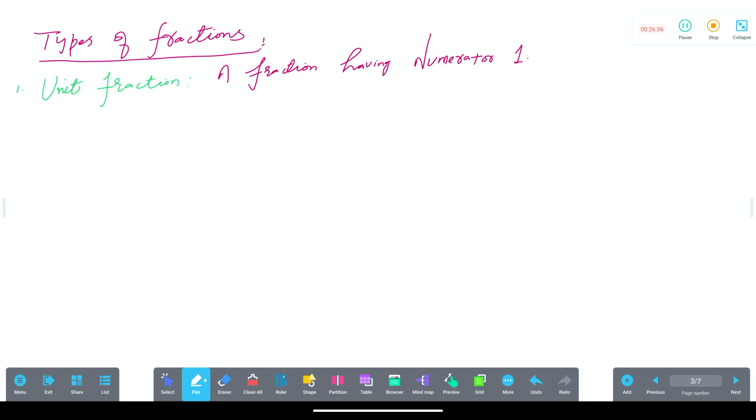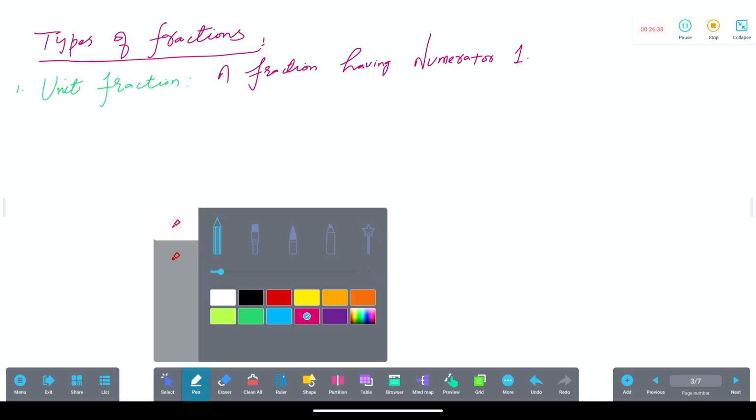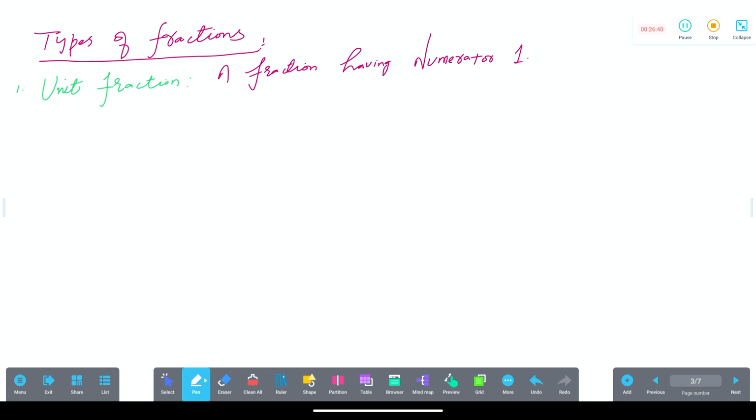I am giving examples here. Let me write a few examples of unit fraction. I am writing 1 by 5. Next example, 1 by 8. Next example, 1 by 324. Next example, 1 by 2, and so on.